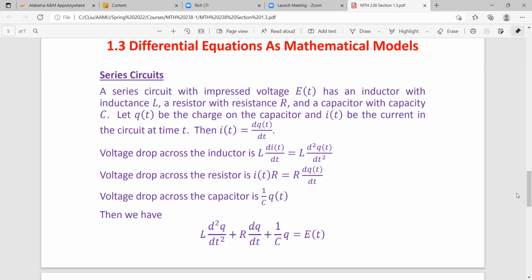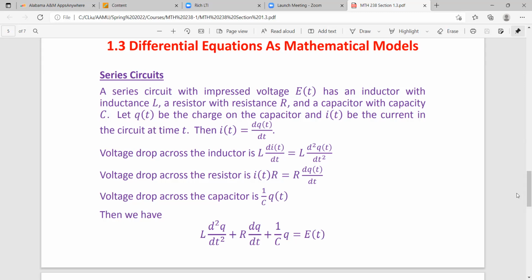So that's the circuit. So you want to know the process of the current accumulation or dissipation and whatever.